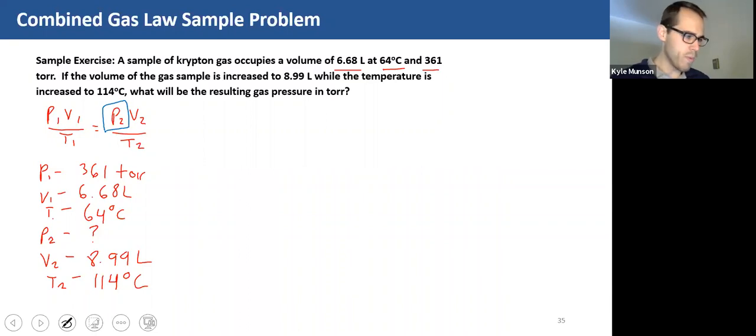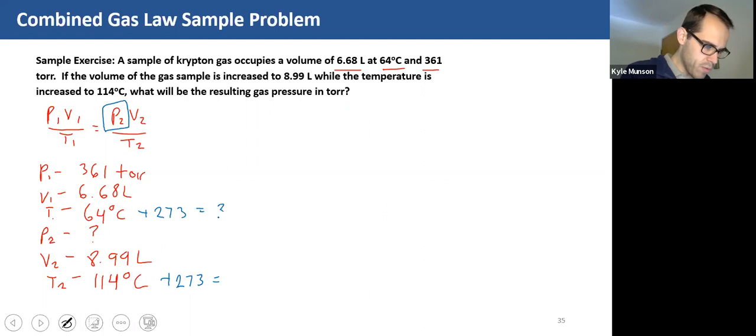Before I do that though, remember, when we're solving problems that involve temperature in ideal gases, we want to convert the temperatures to Kelvin. We're going to do that by adding 273. I don't have this written down in my notes, so bear with me while I put this in my calculator. 64 plus 273 gets 337 Kelvin.